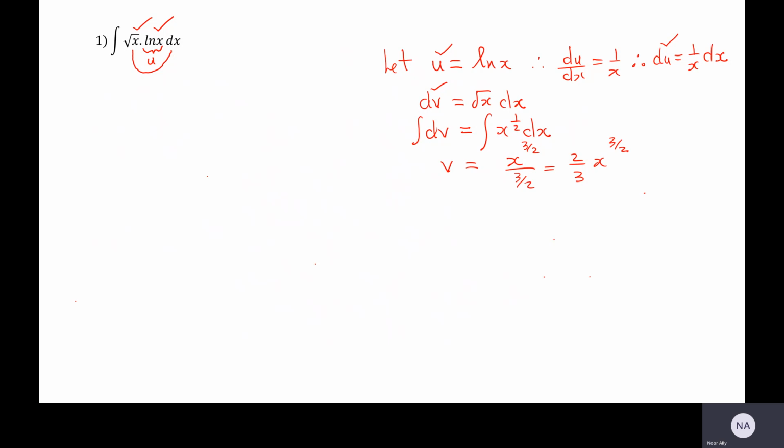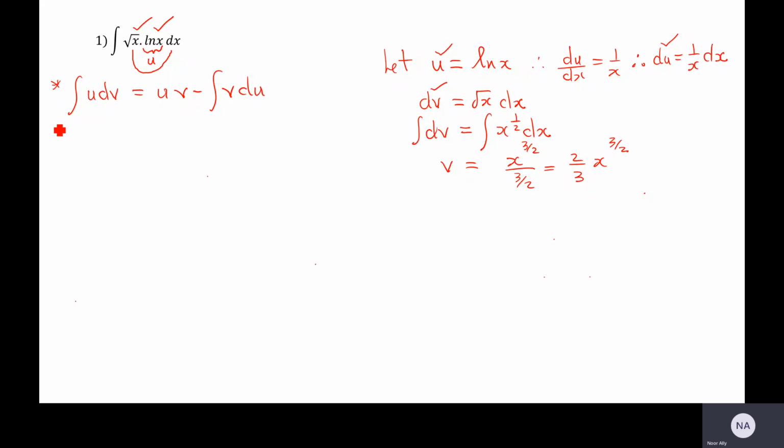Now we have all that is required to substitute into our right-hand side. So let's write down the formula to see how it's applied. The formula says the integral of u dv is equal to u times v minus integral of v du.